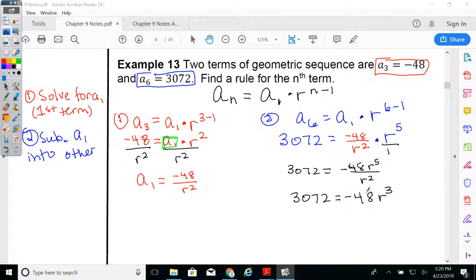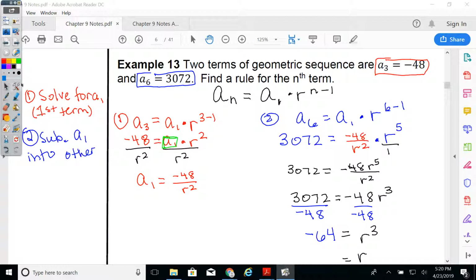All right, so solving for r, we divide by negative 48, divide by negative 48, and in your calculator, dividing this by negative 48 is negative 64 equals r cubed. And think back to radicals.